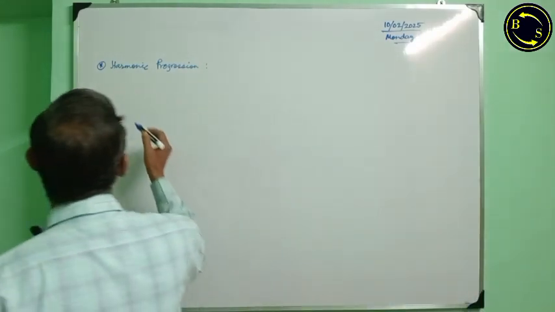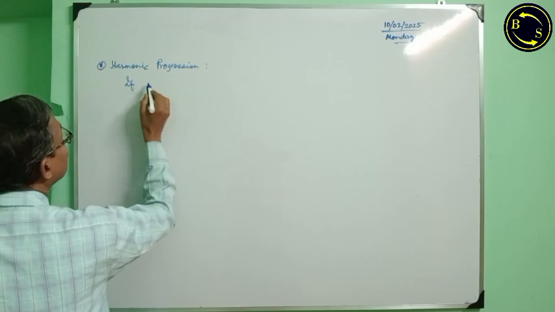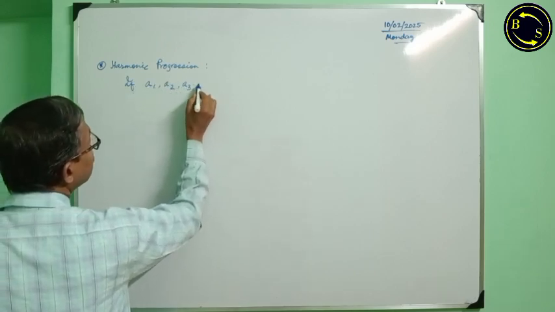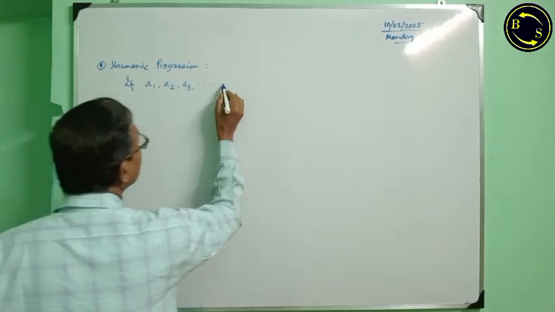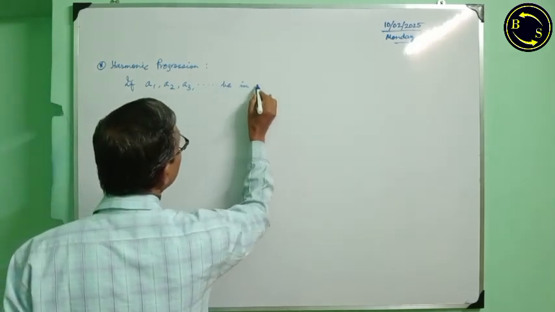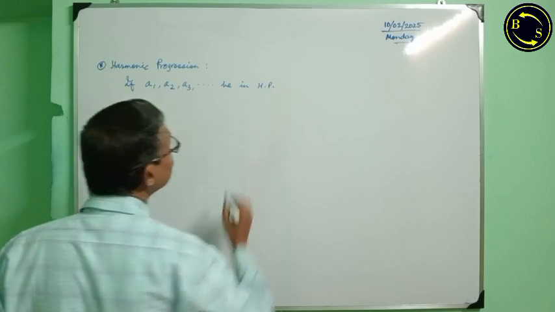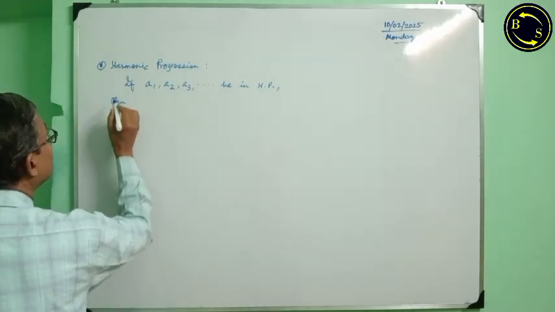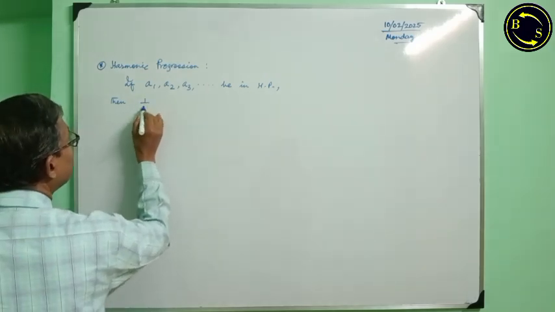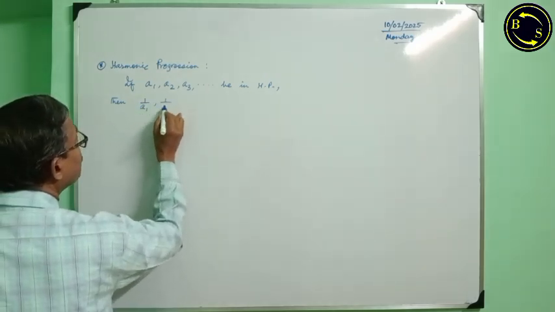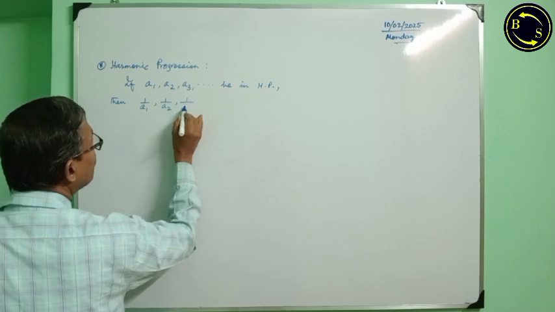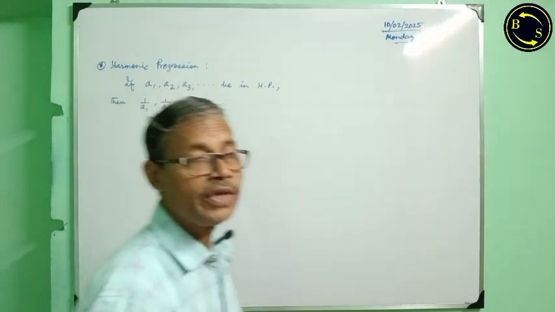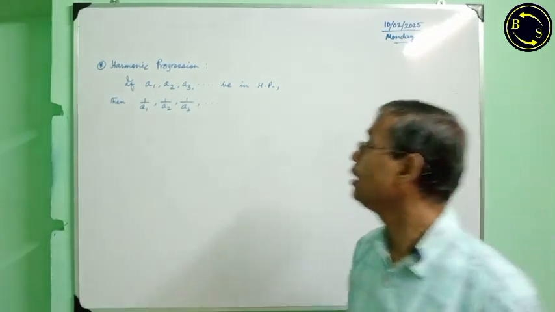If A1, A2, A3 be in a harmonic progression, then 1 by A1, 1 by A2, 1 by A3, that means the reciprocal of each, will be in AP.